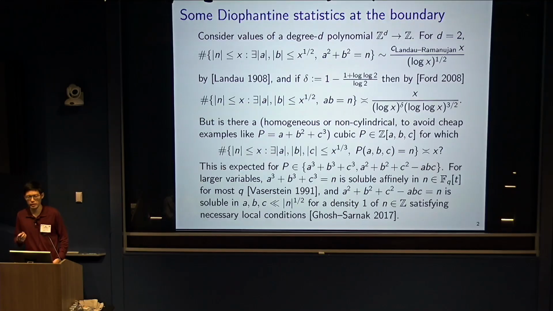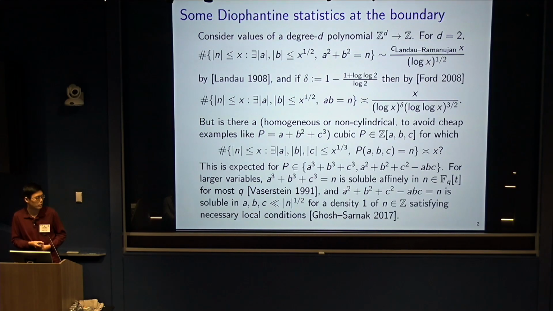So how many integers n are represented by this cubic polynomial p? Let's say we put the natural height restrictions a, b, c should be at most x to the 1/3. For homogeneous polynomials, I don't know any unconditional example where a positive density is known, but we should probably expect it for a generic polynomial.